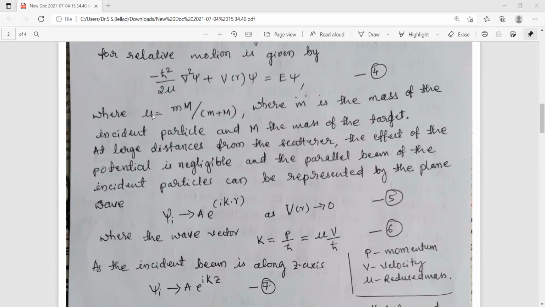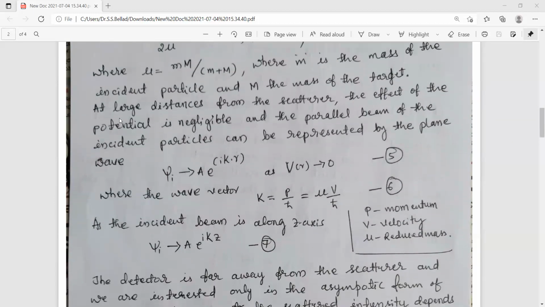And here mu is equal to small m into capital M divided by small m plus capital M, the reduced mass, sometimes also called the center of mass. Out of these two, small m is the mass of the incident particle or incoming particle, and capital M is the mass of the target.